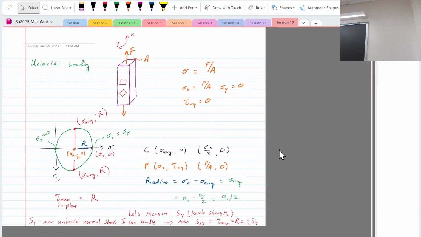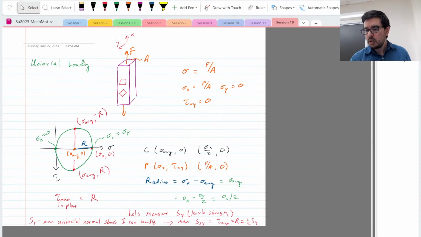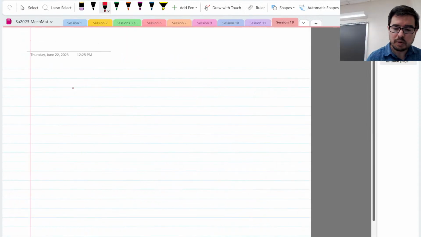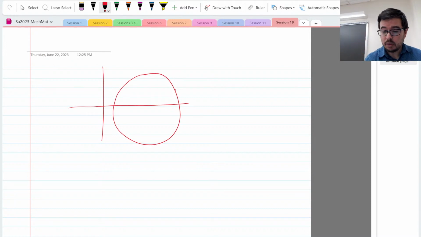I'm just going to point out something that Michael brought up. Let's say you're in a situation where you've got some type of Mohr circle, something arbitrary like this. And let's say you've got a sigma x and a tau xy here, and you're trying to figure out what the angle is in here.